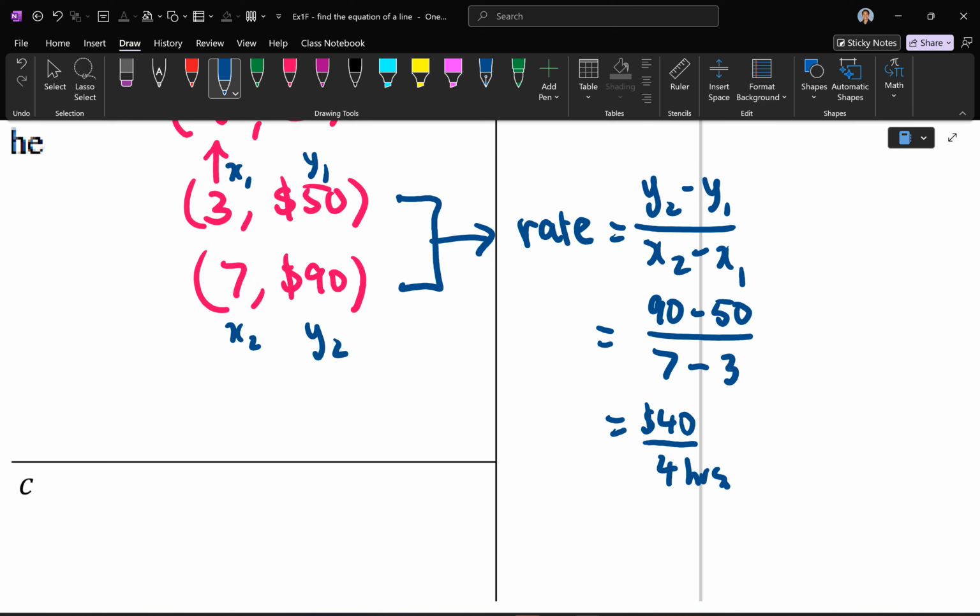So $40 per 4 hours is actually how much per hour? What's the rate per hour? 10, logically. So we know the rate is $10 per hour, and that is your gradient. That's what a gradient means. Gradient is a rate. We're comparing two variables.